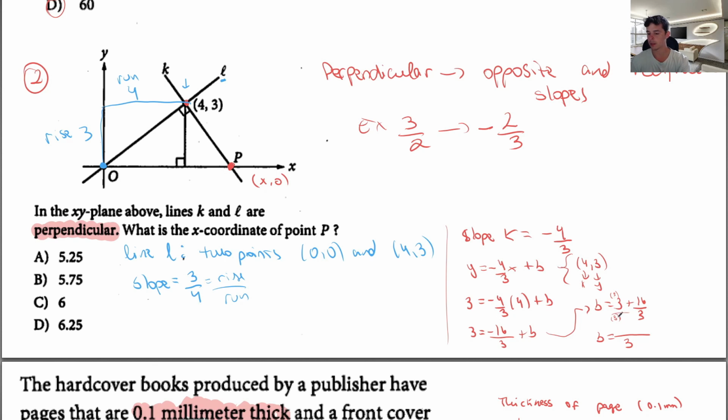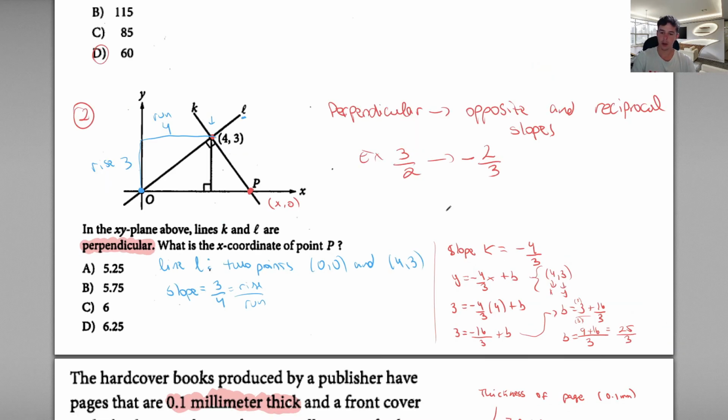If I multiply this denominator by 3, I've got to multiply the top by 3 as well. That's how fractions work. So 9 plus 16, and that's 25 over 3.